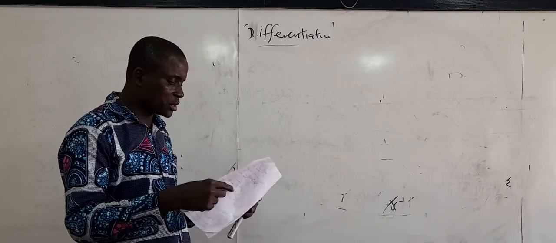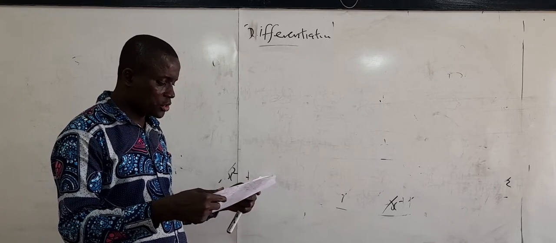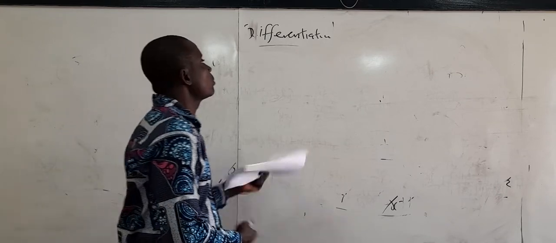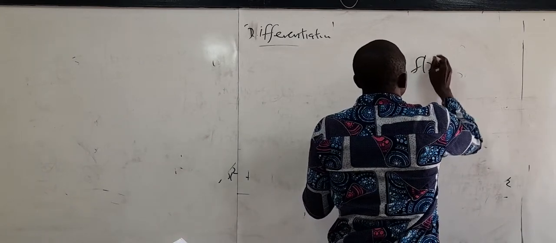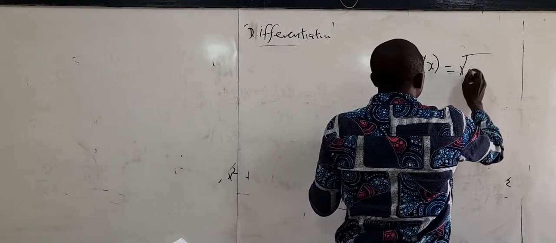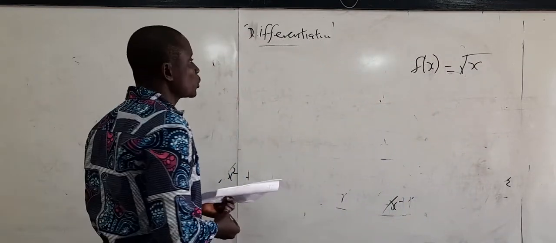Now let me see. There was one interesting. Okay. Now you said we have to differentiate. If I have f(x) equal to root x, we are supposed to differentiate this from first principles.